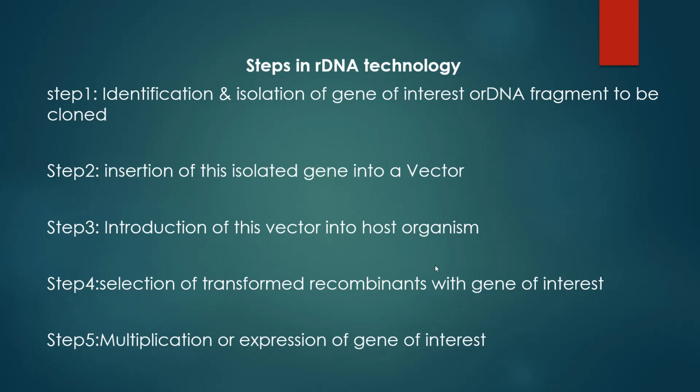The third step is introduction of this vector, that means the vector containing the desired gene, into a suitable host organism. The fourth is selection, or isolation, of the transformed recombinants with the gene of interest. And the fifth is the multiplication or expression of the gene of interest.